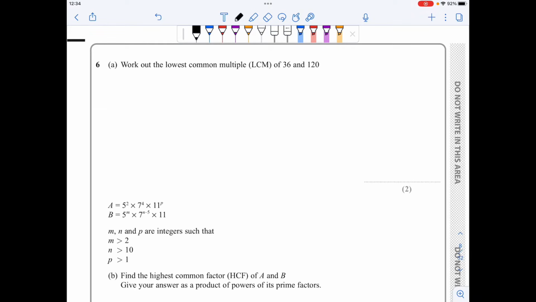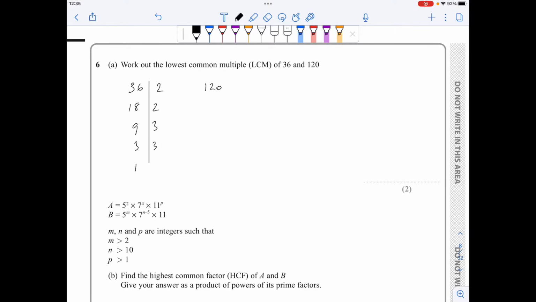For part A of question 6, I'll start by writing 36 and 120 as the product of prime numbers. So 36 over 2 is 18, over 2 is 9, over 3 is 3, and over 3 is 1.